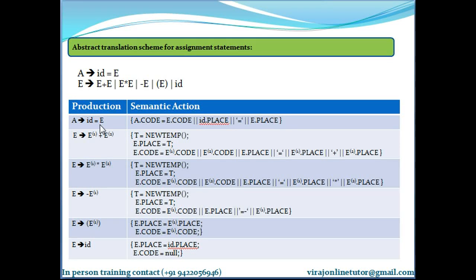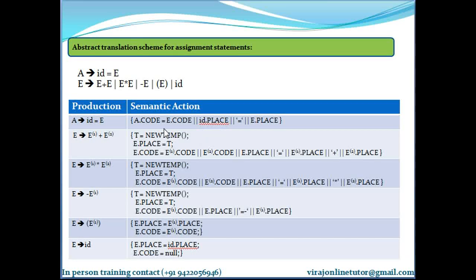But in order to get the value for E, first the three address code which will generate the value for E needs to be executed. Only when the three address code generating a value for E is executed will I get the value for E. That's why first E dot code is called. E dot code is a sequence of three address statements which will evaluate the expression E.